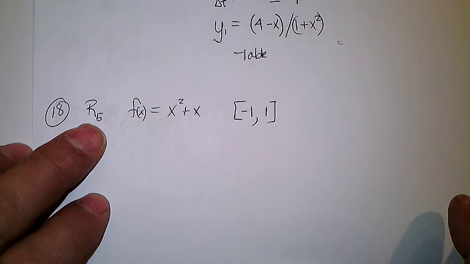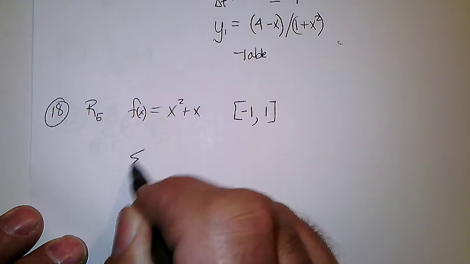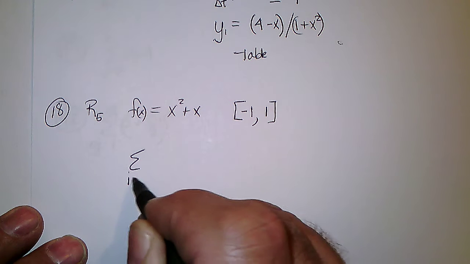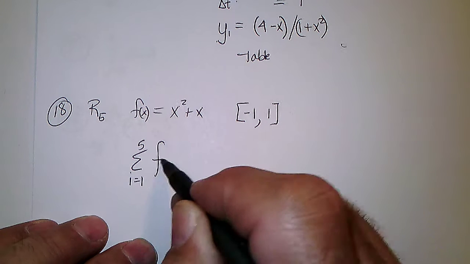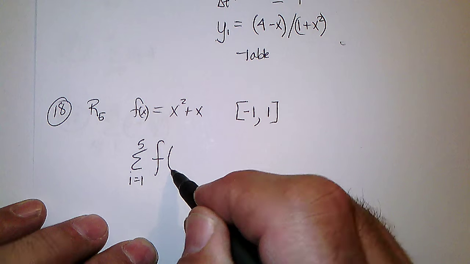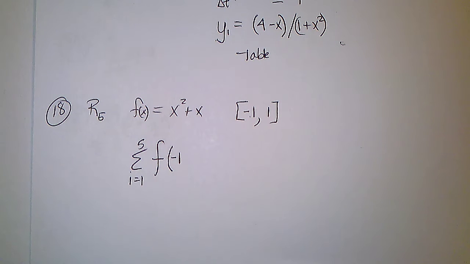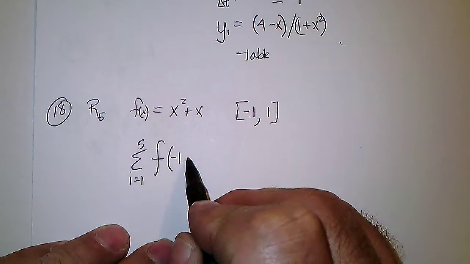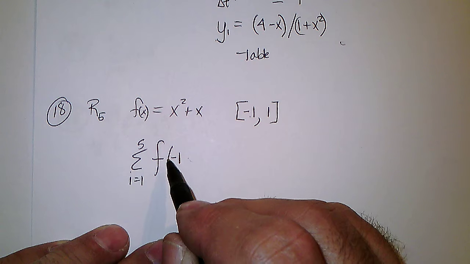Okay, so now they say find right 5. So sum from I equal 1 to 5, and I'm going to do f. Now if I'm going to be on the right side, I'm going to be at the starting place, which is -1, and then I don't have to back up to land on the midpoint or back up enough to land on the left side for the first jump.